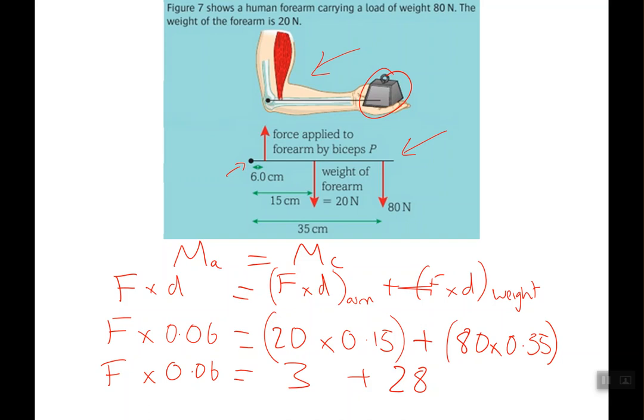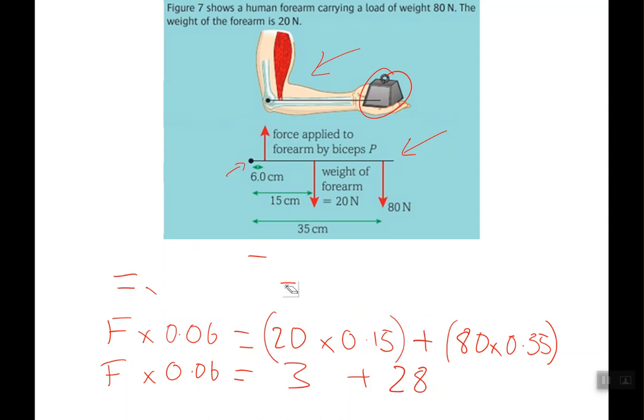So I'm just going to rub out some of the workings up here so we've got a bit more room. Okay, so let's simplify this a bit more. We could say that F times 0.06 is equal to 31. All I've done is just add them together. And then again, back to the simple algebra. F times 0.06 is 31.